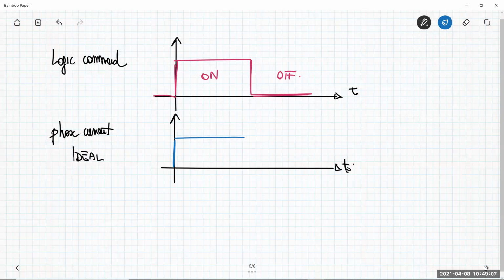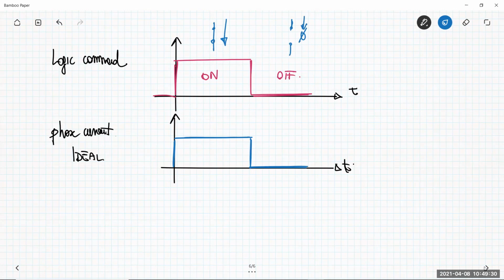It reaches a value specific for my application, and immediately goes to 0 when the switch is left open. Here the switch is closed, so a current flows. Here the switch is open, so no current flows. So my ideal situation is that the driver is able to generate in a very steep fashion the current I need. It reaches a value, and when the logical command drives the switch to open, the current goes immediately to 0.